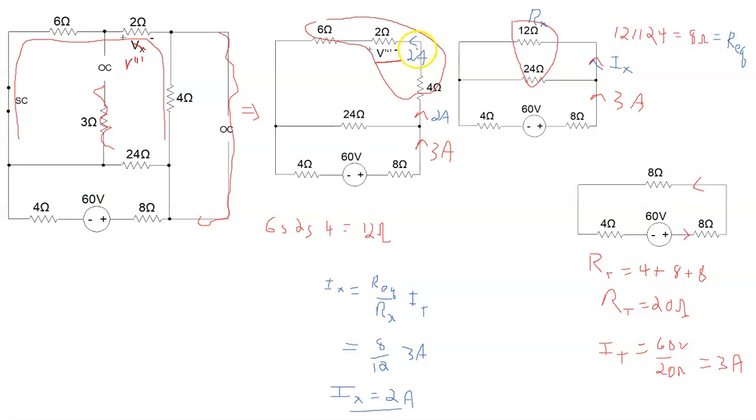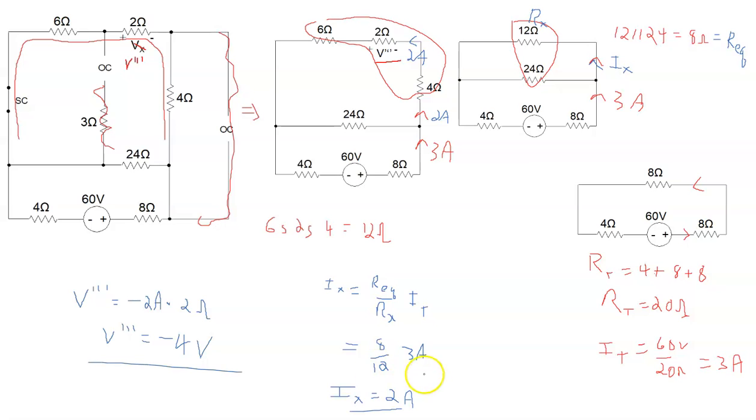Now this 2 amps is contrary to the polarity we have for V triple prime. And so that means V triple prime is going to be negative. So V triple prime then is negative 2 amps multiplied by the resistance 2 ohms, and that means that V triple prime is negative 4 volts.